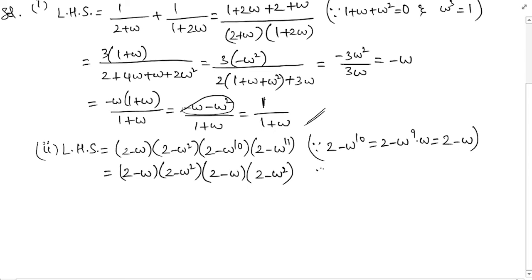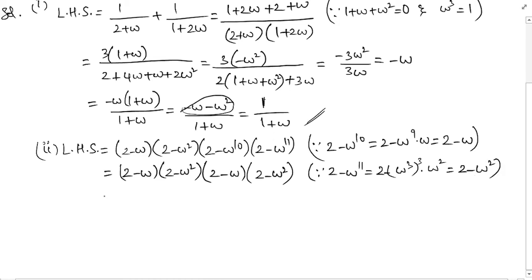Did you get this? Since (2 minus omega) power 11 is equal to ((2 minus omega) cube) the whole cube into omega square is equal to (2 minus omega square).